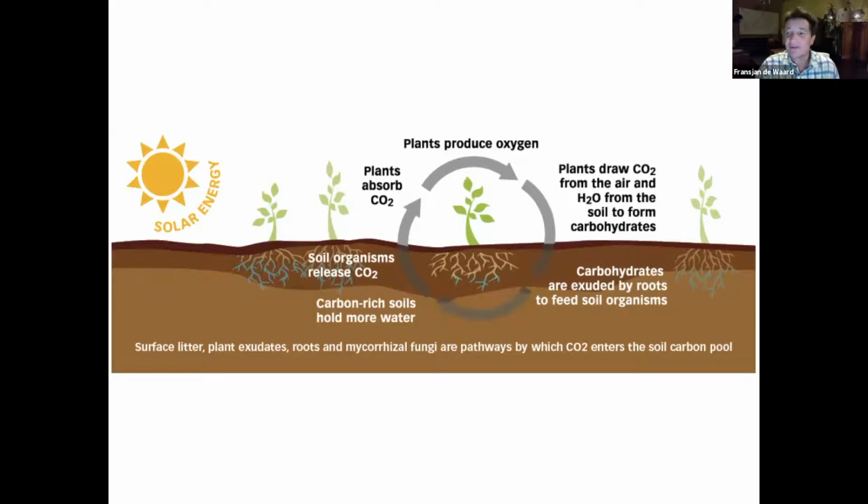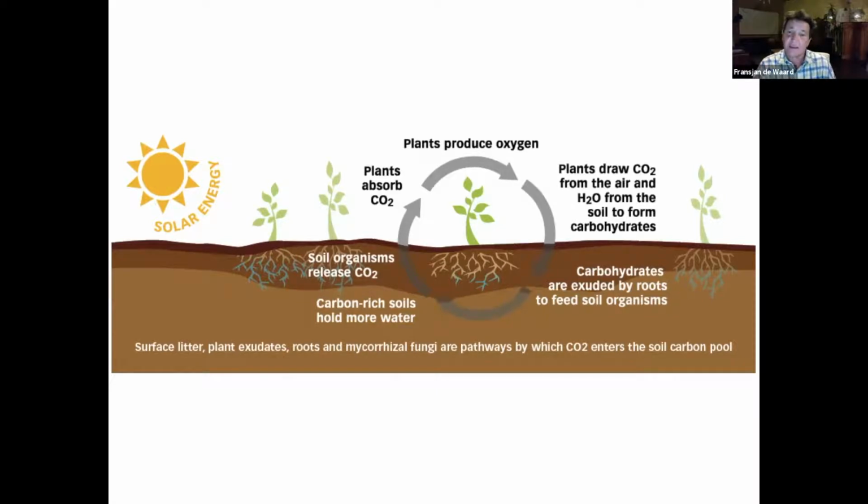How does the carbon get into the soil? Well, this is, of course, through the process of photosynthesis, which we take for granted, but it's a true miracle, by which carbon in the form of carbon dioxide that lives in the atmosphere is taken up by plants.